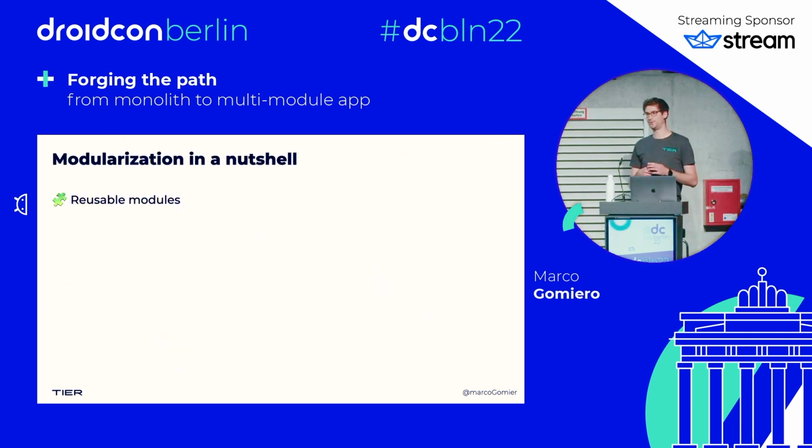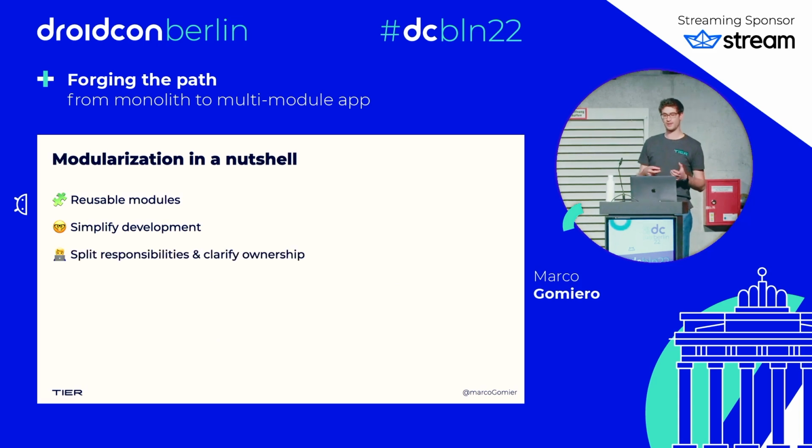Because if you have multiple modules, you simplify development. With multiple modules, you have separation of concerns. You have clear interfaces for different teams to start using a specific feature. And with that, you also get, kind of for free, more ownership and cleaner responsibilities, because one or multiple teams can own multiple modules.